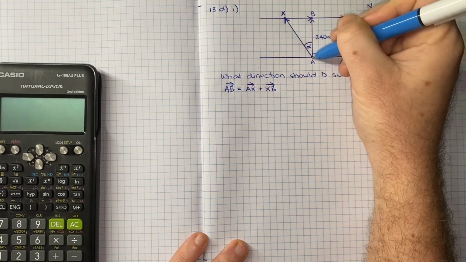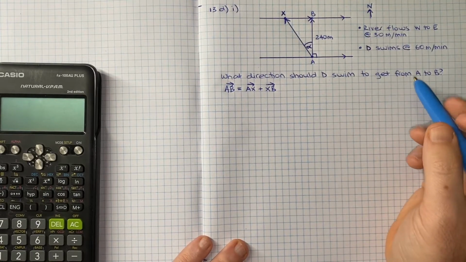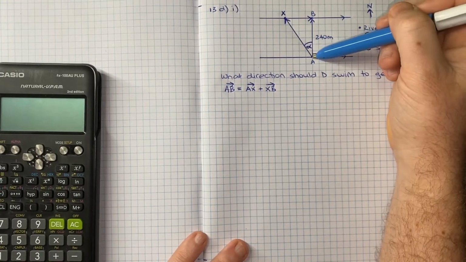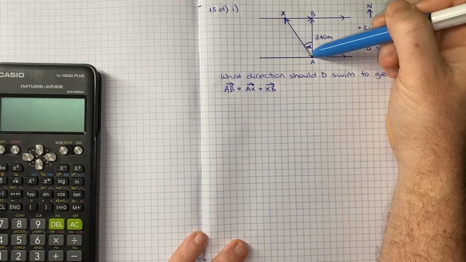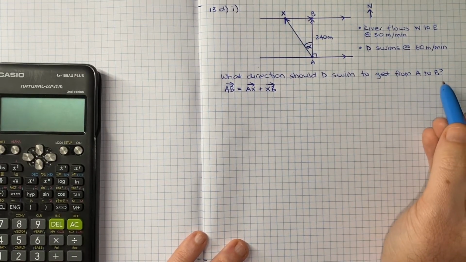So it's angle BAX, which I'm going to call alpha for working out. So effectively our answer will be north alpha west, almost like a bearing, is essentially how we're going to answer this question.